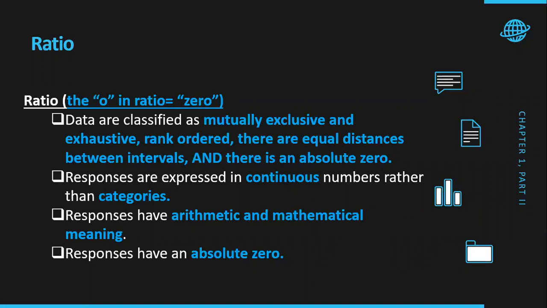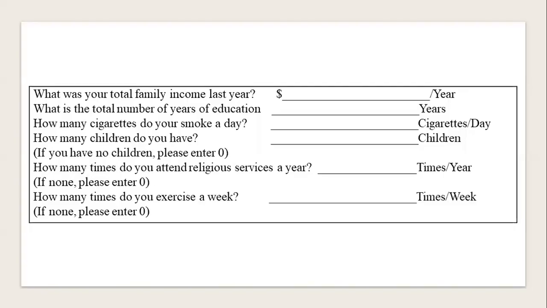So ratio level variables are actually the highest level of variable, and they have all of the characteristics of each of the other levels of measurement in addition to having an absolute 0. At the ratio level, responses are expressed in continuous numbers rather than categories. Responses have arithmetic and mathematical meaning, and responses have an absolute 0.